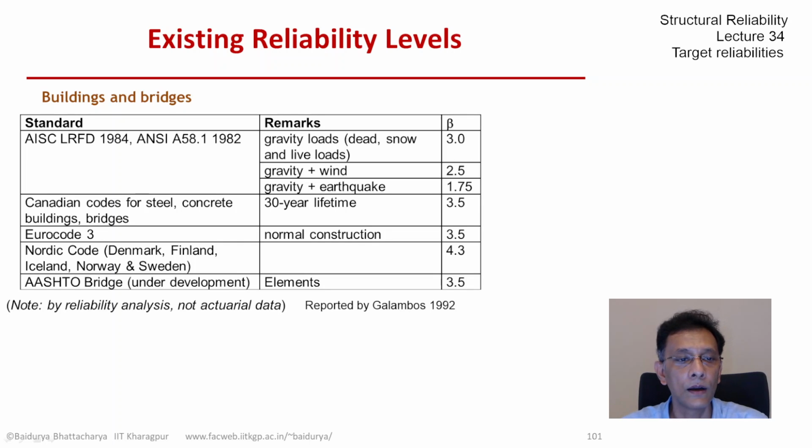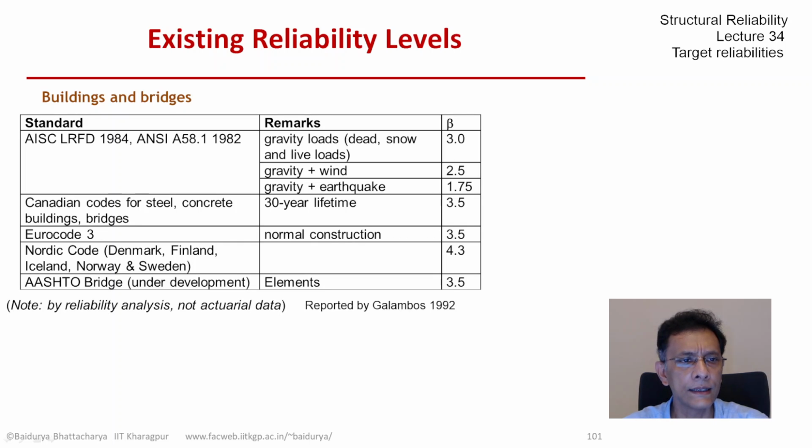So we have structures designed to various standards of the day, that would be in the 80s, and we see what sort of beta values are implied by these codes or could be gleaned from these codes.